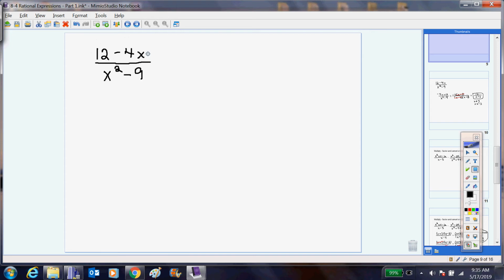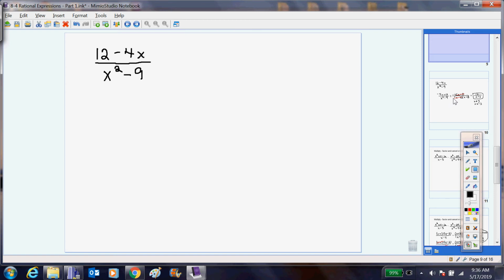And I know that sounds weird, but I've been at it enough that I know that it happens. So first reorder this. And when you reorder it, you're going to see that there's something a little bigger than a -1 that can get factored out.